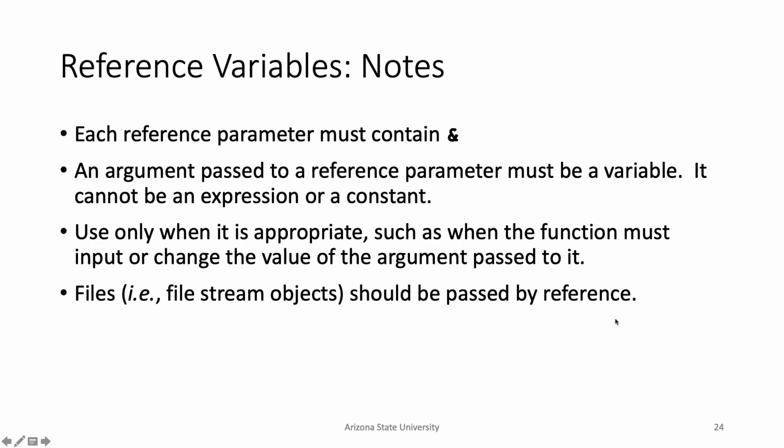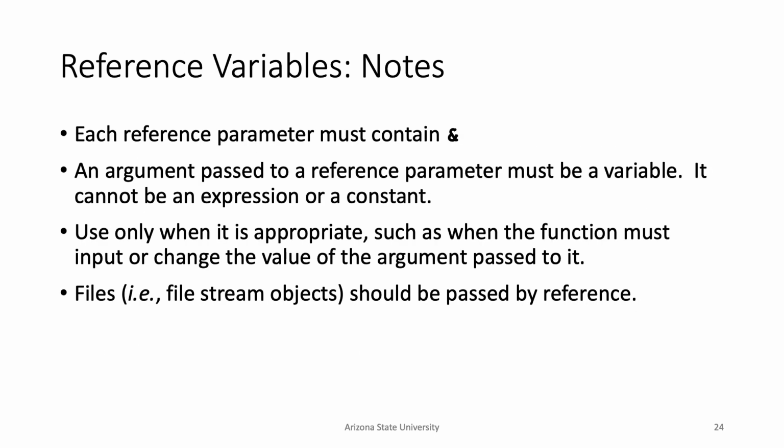So pass by reference is mainly used if we have some structure that uses a lot of memory. So for example, in your assignment 4, suppose we stored all the cases into a file. Do I want to make an independent copy of that file? Probably not. So that's why it says should be passed by reference.